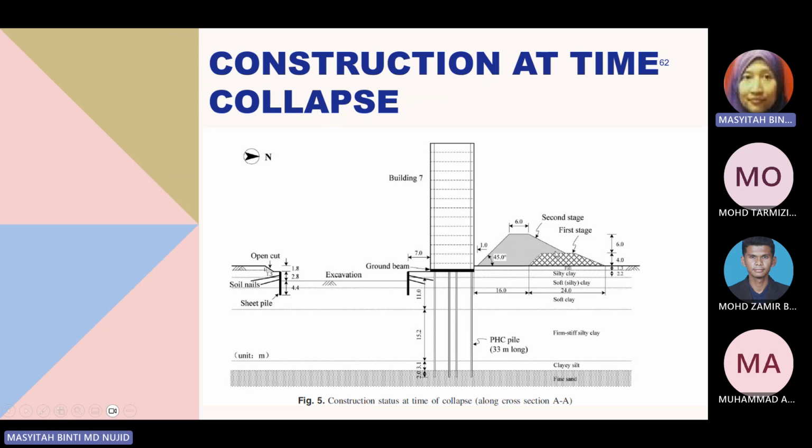So you can see that the stresses increase from the first to the second stage of the dumped soil, not intentionally knowing that it would increase the lateral stresses. So the lateral stresses caused the building collapse, with stresses coming from the north and also from the south of the collapsed building.